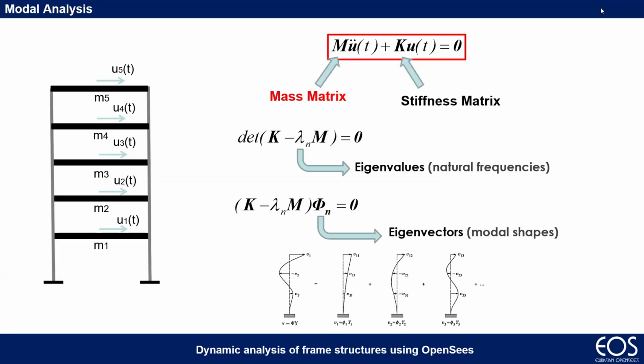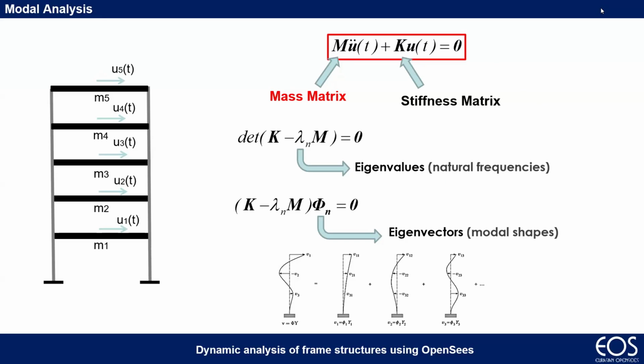You know how to run static analysis, right? So you know how to compute the stiffness matrix, in both elastic and nonlinear cases, okay? What's modal analysis? I'm not going into details in this part.